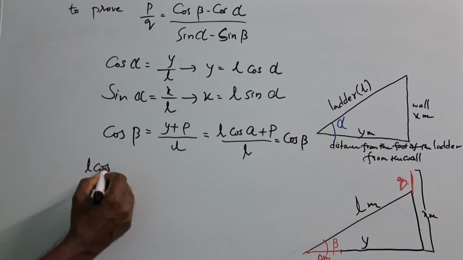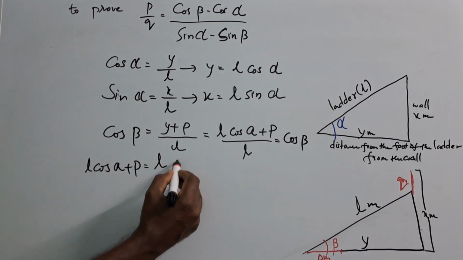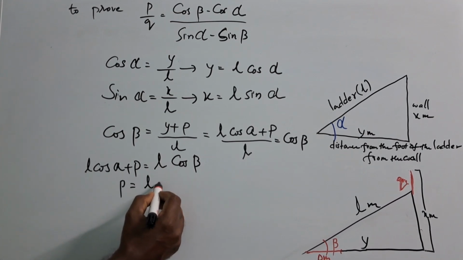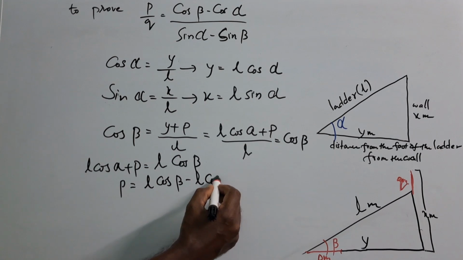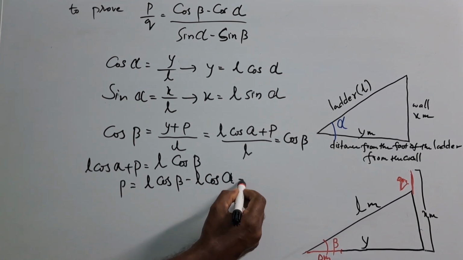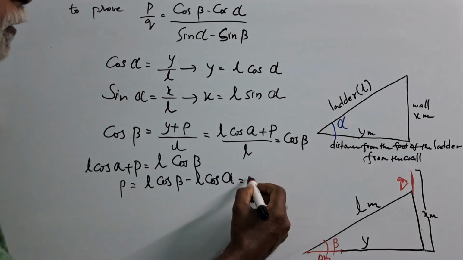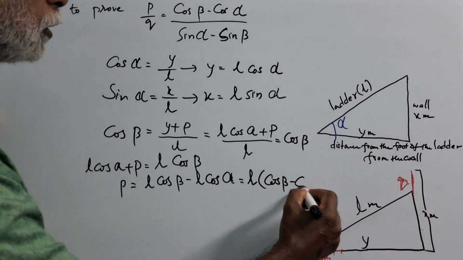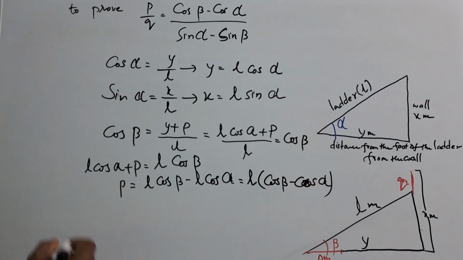L cos alpha plus p is equal to L cos beta. P is equal to L cos beta minus L cos alpha. Taking the common term L out, we get L into cos beta minus cos alpha. This is P.